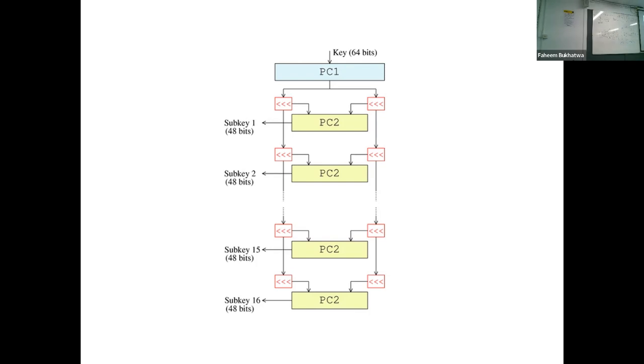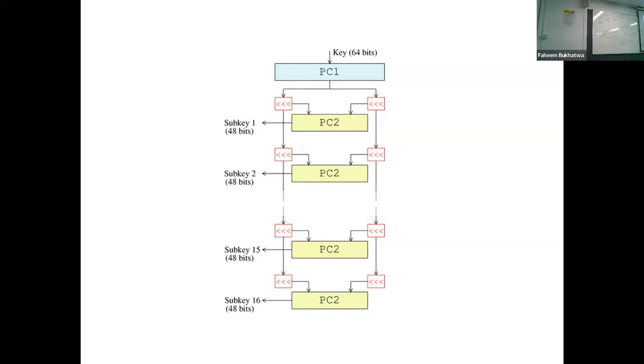So that bit is left. I don't know whether it's circular, I can't remember now at this stage. And then also the left one is shifted to the left. I think the bit we move it from the left to the right. So both sides are shifted 1 bit, okay? And then we join them, we join the key together, and we pass it through another permutation condensation matrix, number 2.